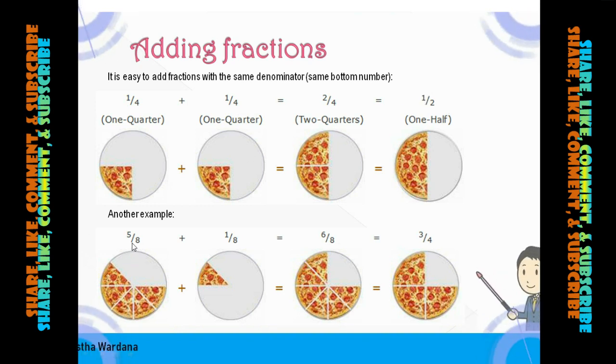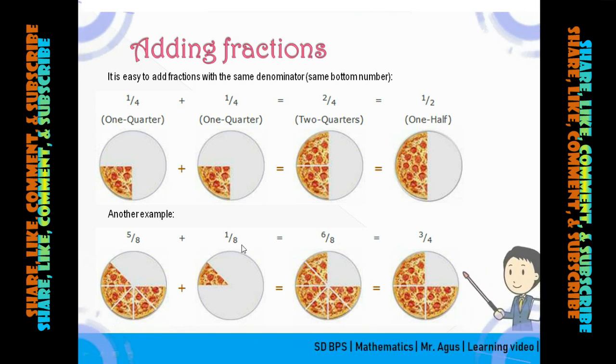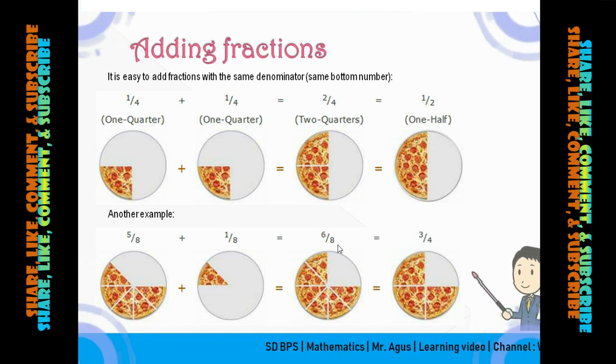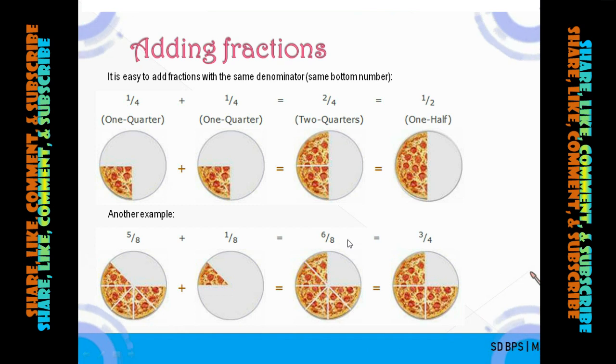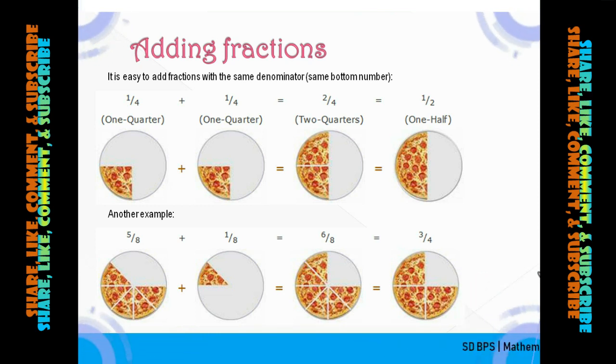Another example, we have like fractions again, 5 per 8 and 1 per 8. The answer is 6 per 8, and 6 per 8 can be changed into the lowest term, so we have 3 per 4. To get 3 per 4, you have to divide the numerator and denominator by 2 because the HCF of 6 and 8 is 2. Let's continue.